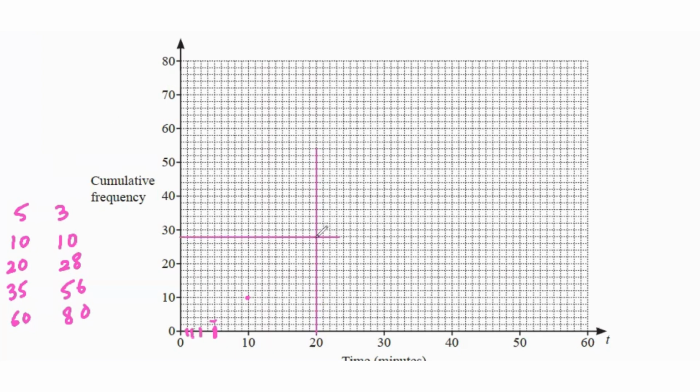So that's going to be over here. Then 35, 56. That is going to be this point. And 60, 80. So 80 is this, 60 is this.